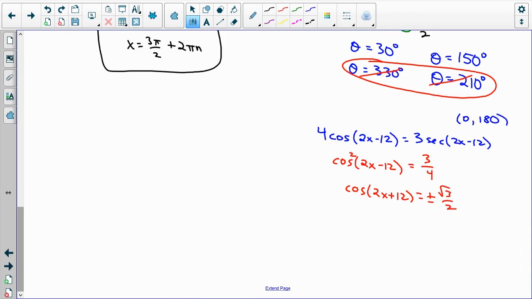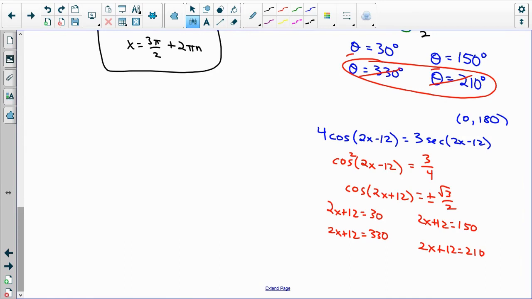So I still have these 30-degree reference angles in all quadrants. So I would have 2x plus 12 equals 30, 2x plus 12 equals 330, 2x plus 12 equals 150, and 2x plus 12 equals 210, exactly like I had up here.